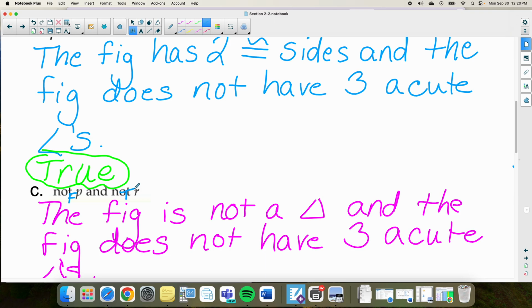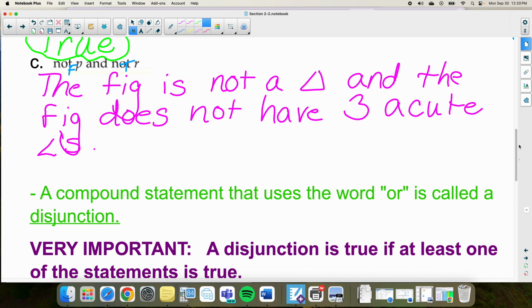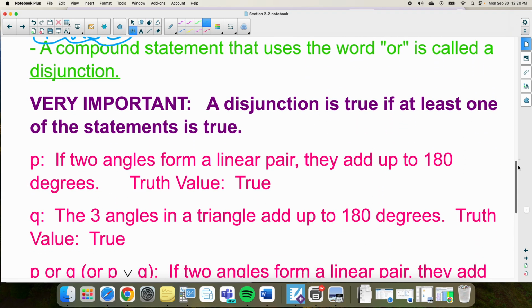But notice one's false and one's true. So overall, that makes this one false, because for this to be true, both of them have to be true. Okay? Everybody understand that? Just a lot of writing.